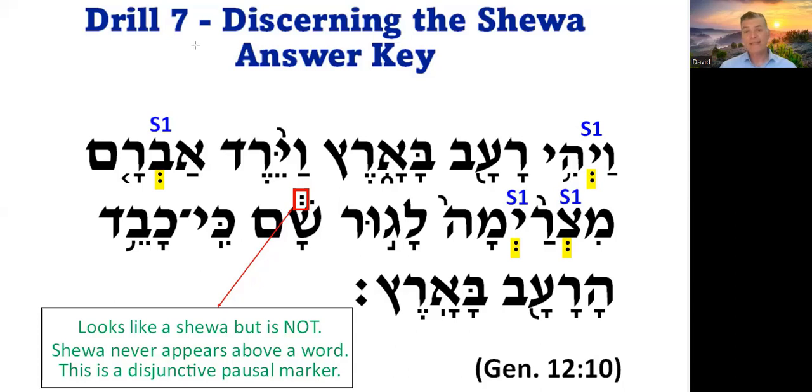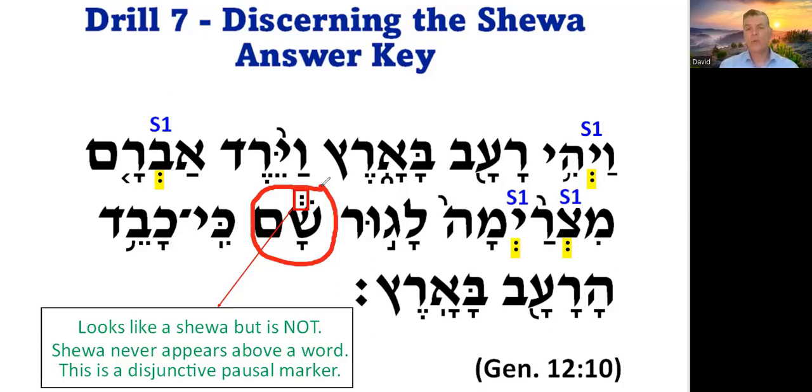And the expression in Hebrew is Nes Gadol Hayasham. A great miracle happened there. And so this is the same exact word sham that occurs in that phrase, Nes Gadol Hayasham.